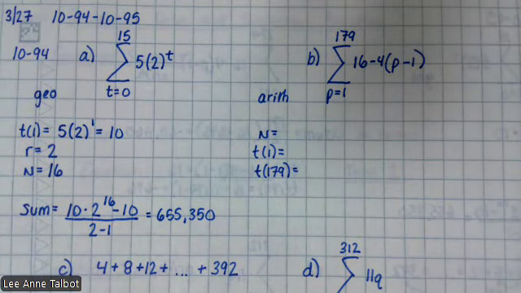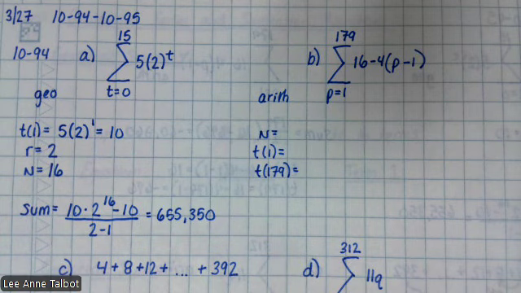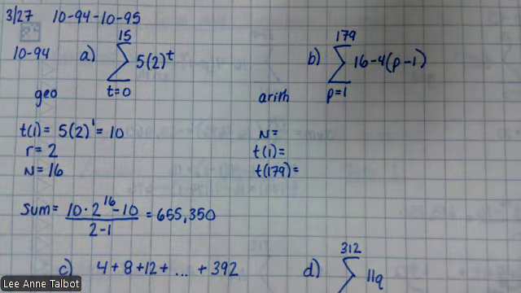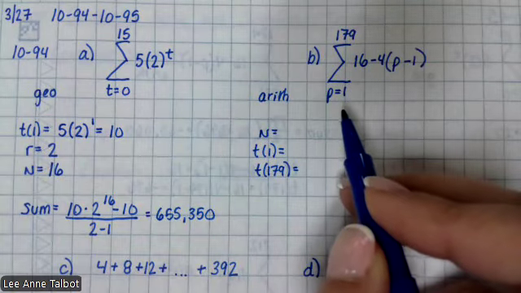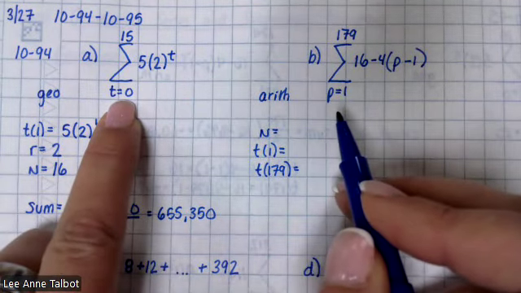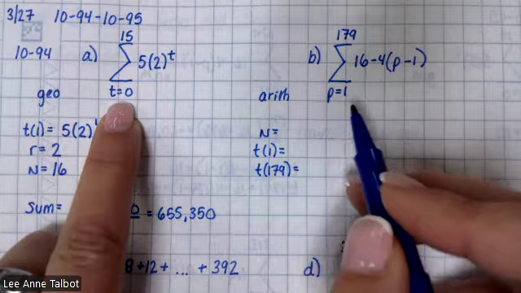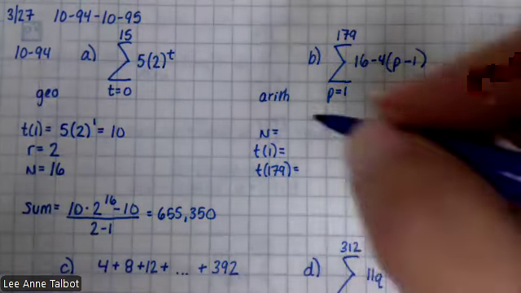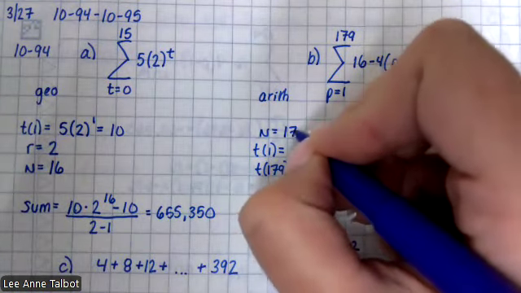Can you guys tell that the last term is going to be term 179 from this problem? Well, there's actually 179 in this one because we're starting at 1. See the difference? There's 16 numbers between 0 and 15. Okay, so n is 179.